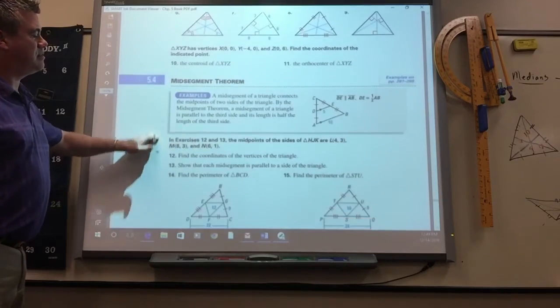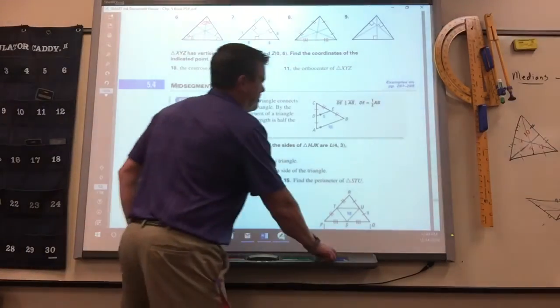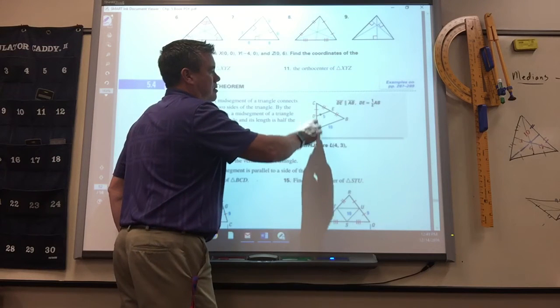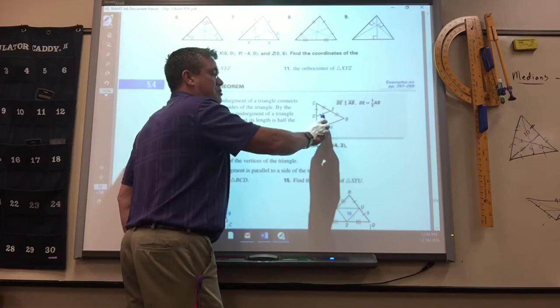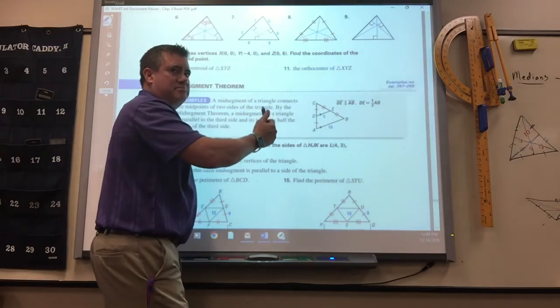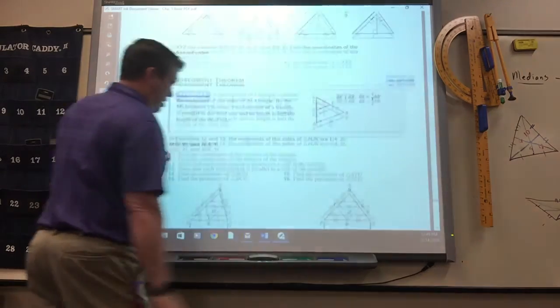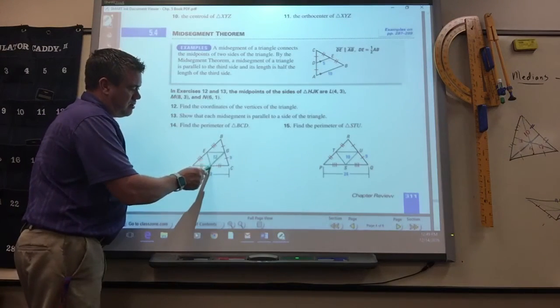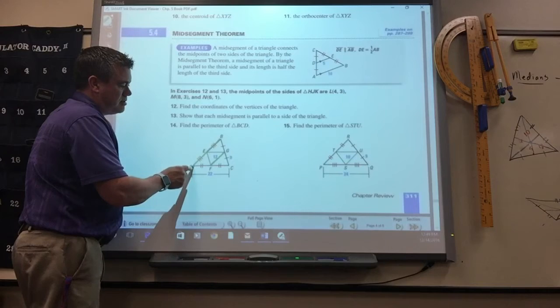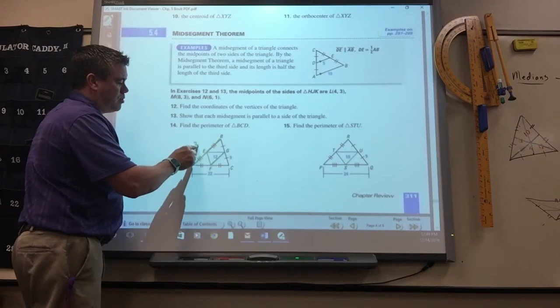Okay, midsegment. If you connect the midpoint of each side, it makes lines parallel, and it's just half as long as that side. So, in this picture, if this is 12, this side is 24.